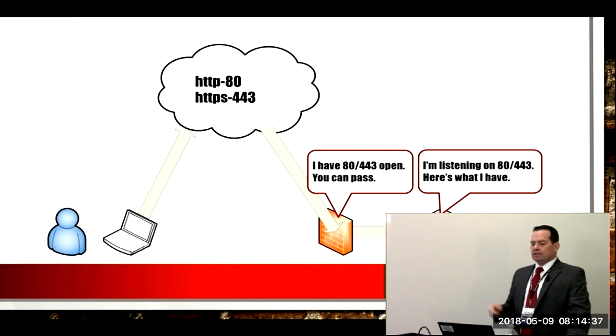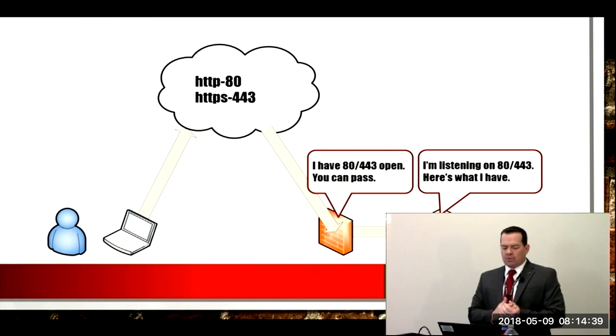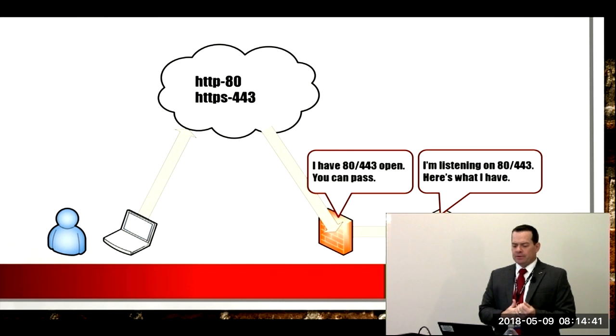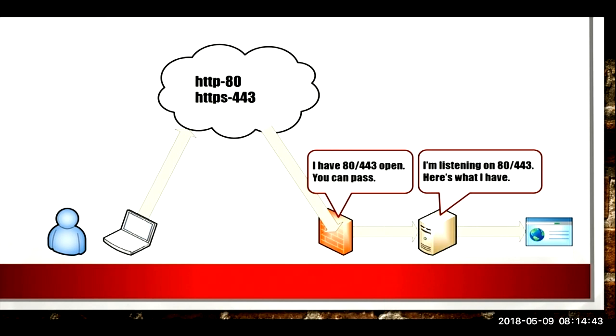So let's take a look at, and again, this is a firewall refresher for many of you. Most often we think of ourselves as, I'm on my laptop, I'm on my computer, and I want to go to a web page. So we type in HTTP or HTTPS, whatever the case may be, and our request goes into the internet and eventually, hopefully, lands on a firewall first.